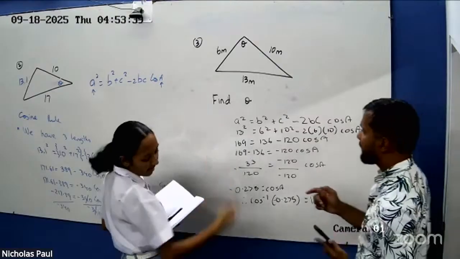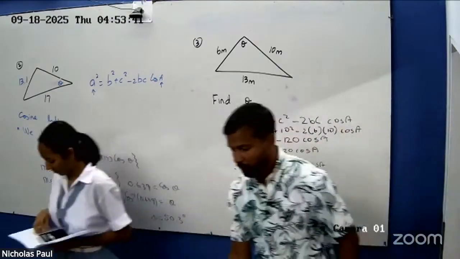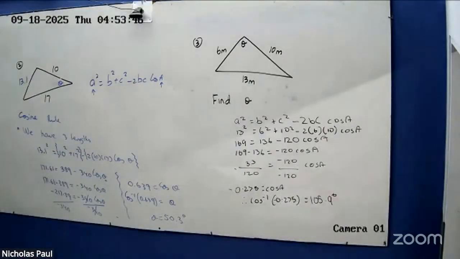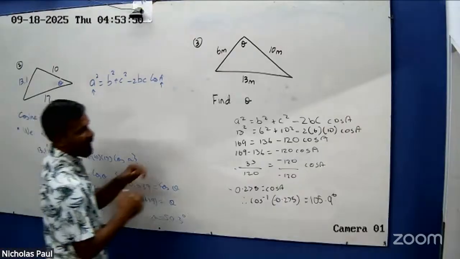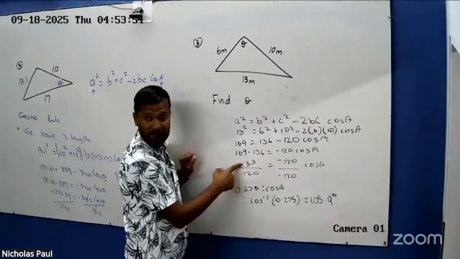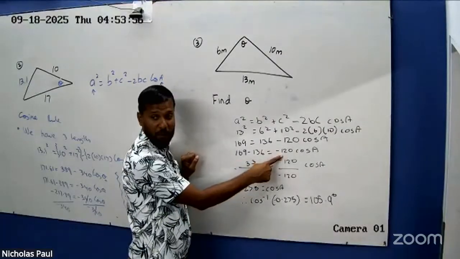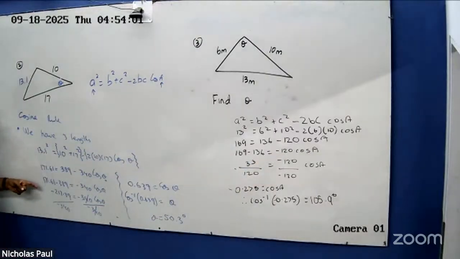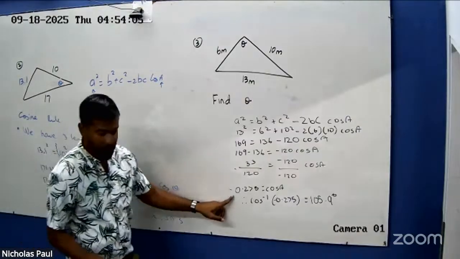All right, nice. Perfect. You're okay with that? So when you work it out, it would have been minus, because it's 169 minus 136, which is positive, and here you have minus 120. The one that we did here turned out to be minus something. Okay? And there's nothing wrong with that.